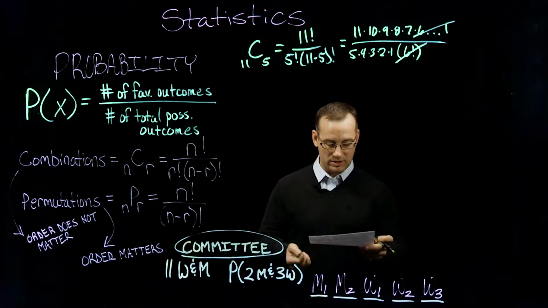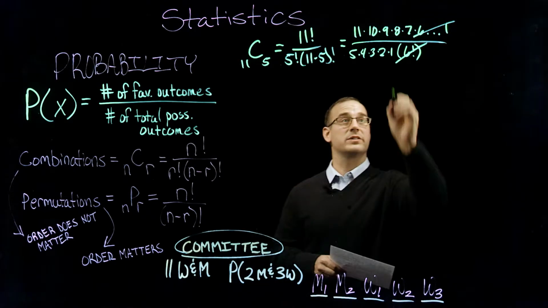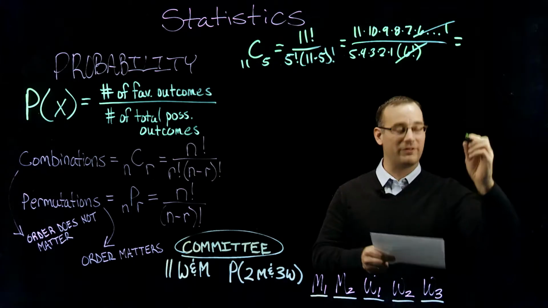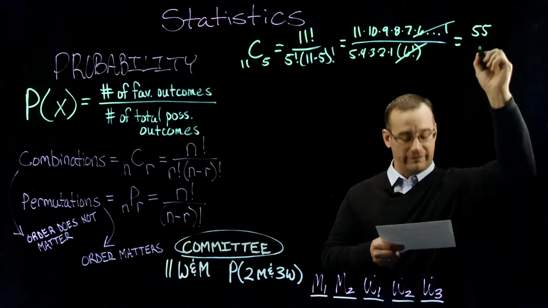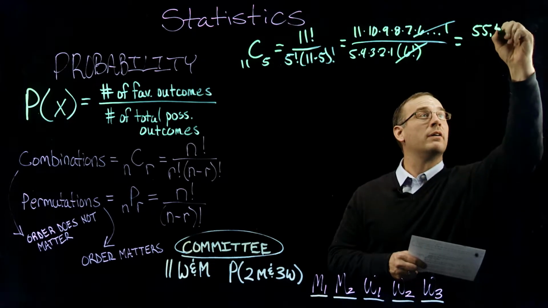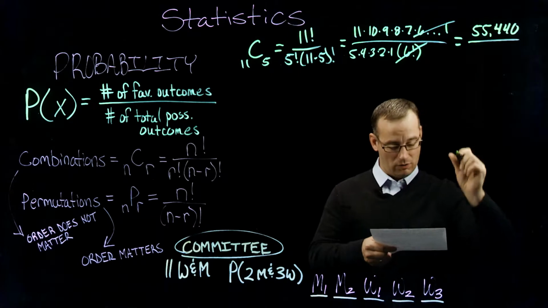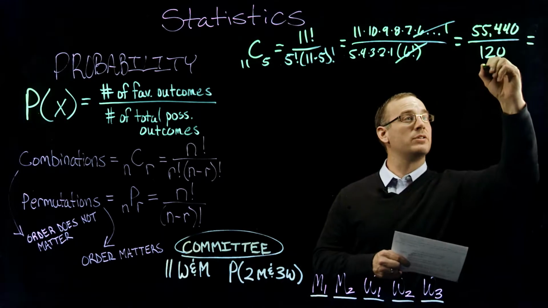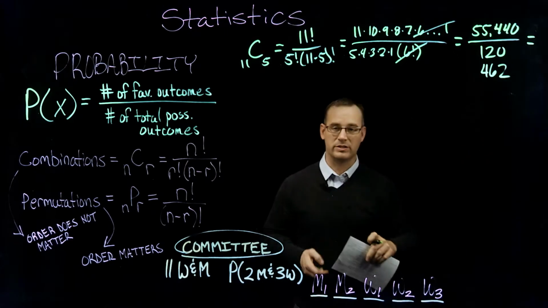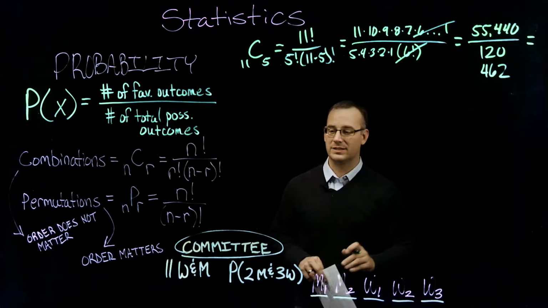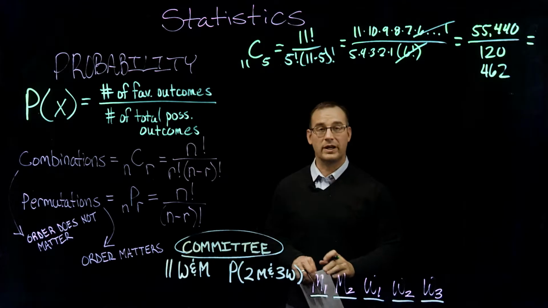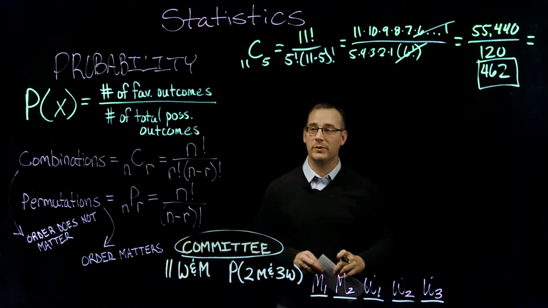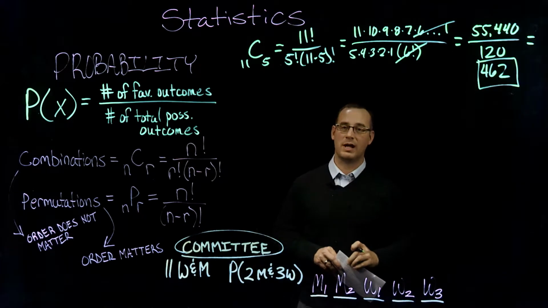And the rest of our formula, if we just multiply this out, we should get, and you can check my math as well as you're following along, 55,440 over 120, which is going to reduce down to 462. So in essence, what that's telling us is that out of 11 people, there are 462 combinations of 5 that we can get, and that's going to be our number of total possible outcomes.